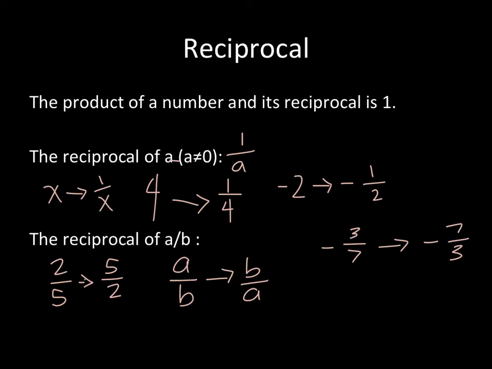If I was to do 4 again, I just imagine it as a fraction. 4 is the same as 4 over 1. Flipping that is going to be 1 over 4. And it's true that if I multiply each of these pairs, it would be 1. Let's try 2 over 5 and 5 over 2.